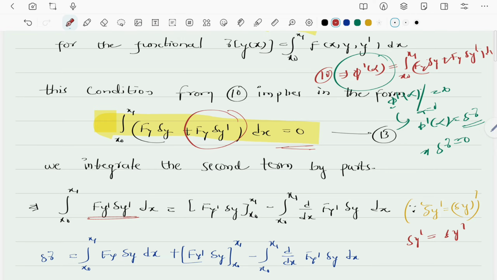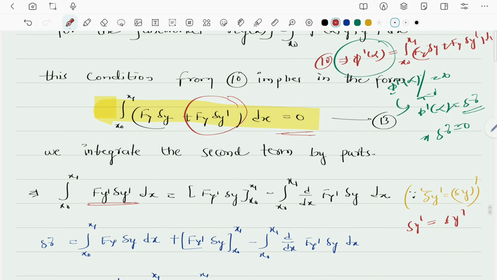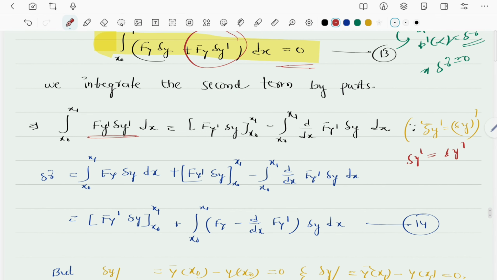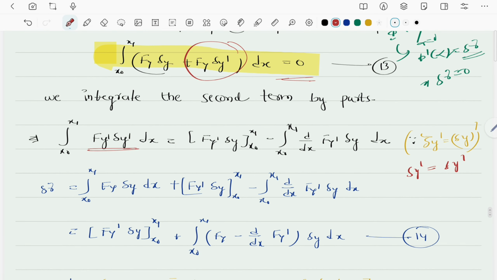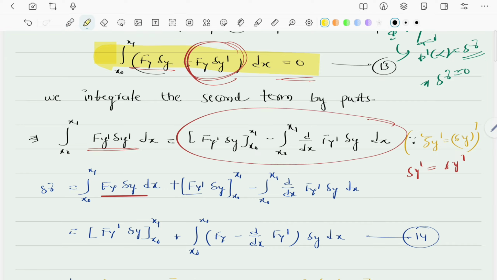Therefore, saying this as delta gamma, that is the integral from x0 to x1 of fy into delta y, substituting in equation 13, that is the integral from x0 to x1 of fy into delta y into dx, plus, in place of fy dash into delta y dash into dx, we are substituting fy dash into delta y from x0 to x1 minus the integral from x0 to x1 of d by dx of fy dash into delta y into dx.